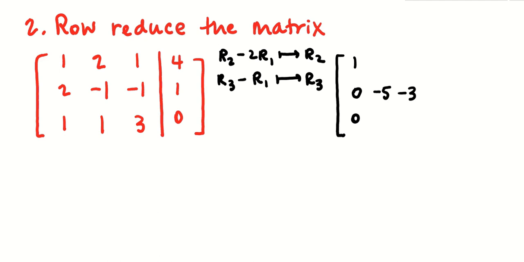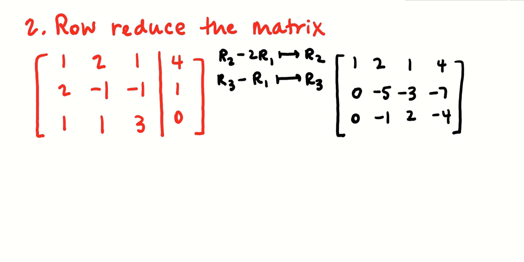And 1 minus 2 times 4 is 1 minus 8, which is -7. We have not changed the first row: 1, 4. Down in the third row, I've taken row 3 and subtracted row 1. So 1 minus 2 is -1, 3 minus 1 is 2, and 0 minus 4 is -4.